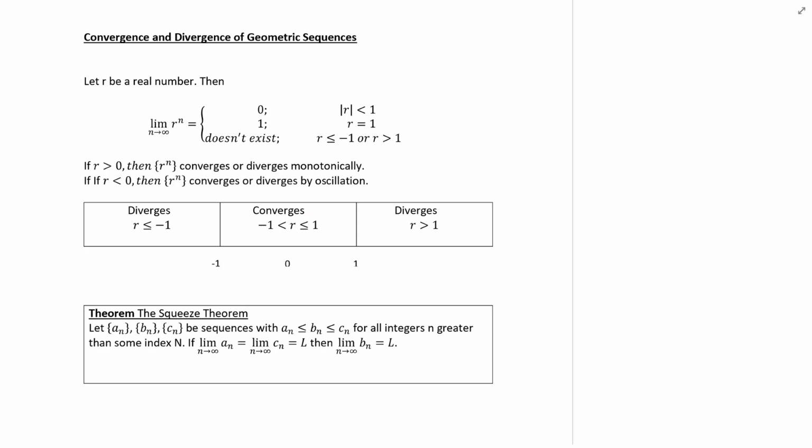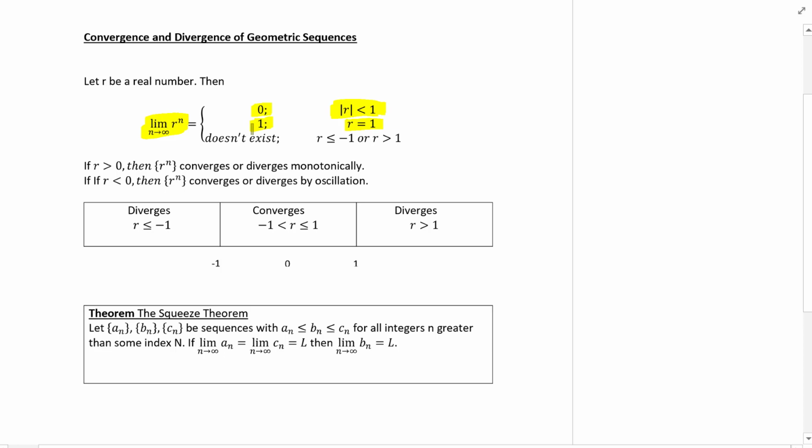So this is a table of what we just talked about. If you have to calculate the limit as n is approaching infinity of r to the n, if r is between negative 1 and 1, so the absolute value of r is less than 1, it's going to converge to 0. If r equals 1, we're just going to get 1.